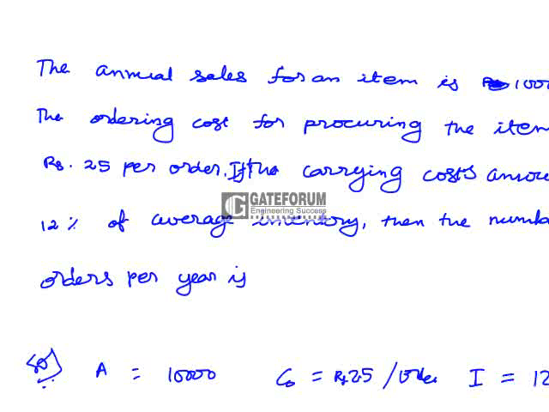So we know that the economic order quantity is equal to square root of 2 A C naught by I, which is 2 into 10,000 into 25 by 0.12, which is equal to 2042.